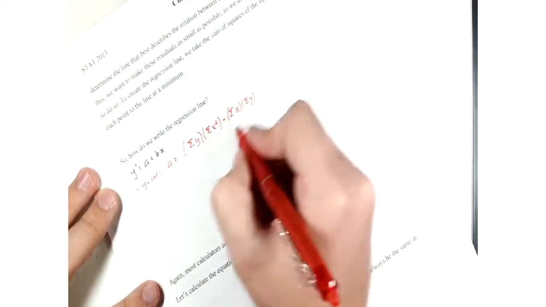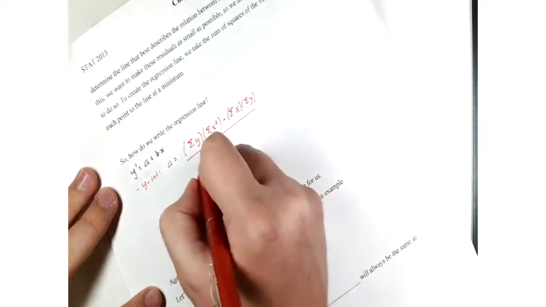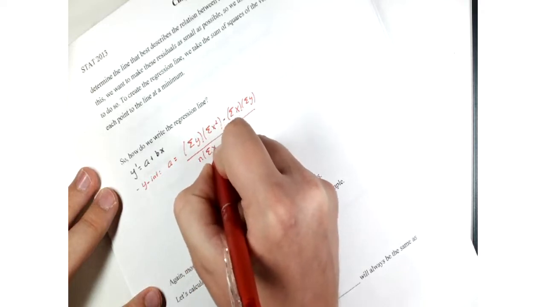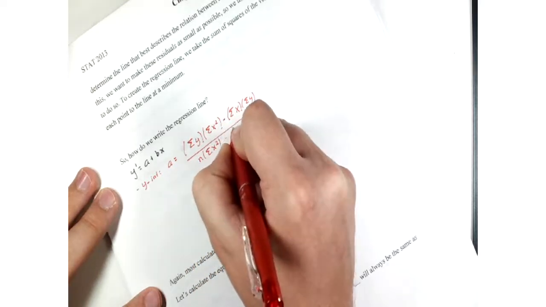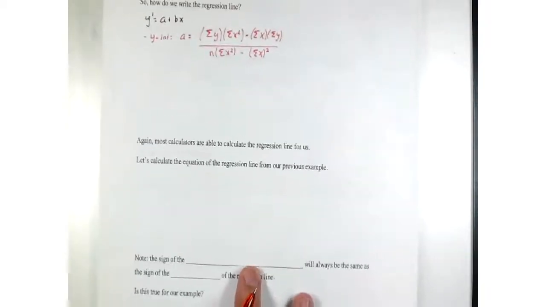And then we're going to divide by n times the sum of the x's squared minus the sum of the x's, quantity squared. So, do you want to memorize that formula? The answer is no, obviously.